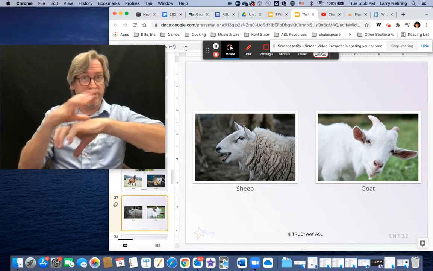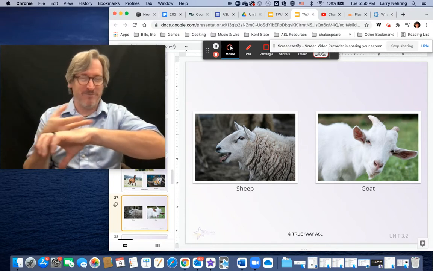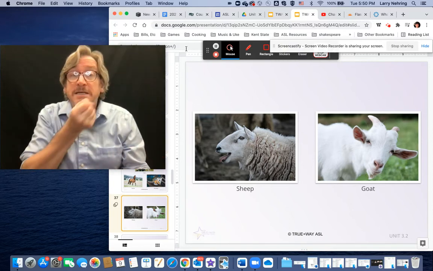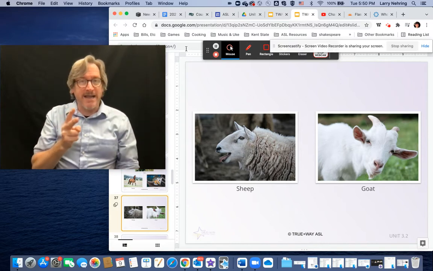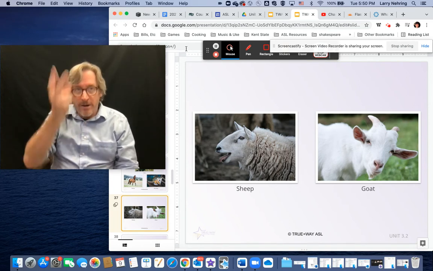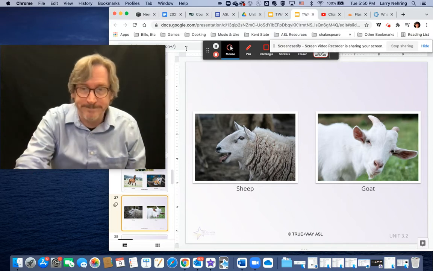So here's their fleece. So shear. Goat is this. The reason is because they have that little beard, the little goatee, and then horns. So it's beard and horns. Okay, goat.